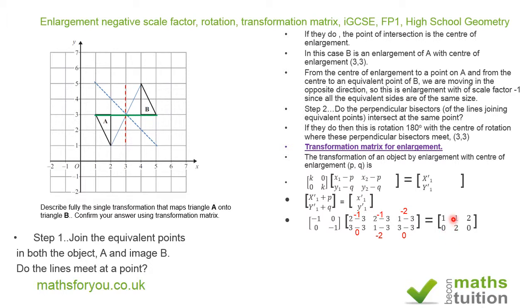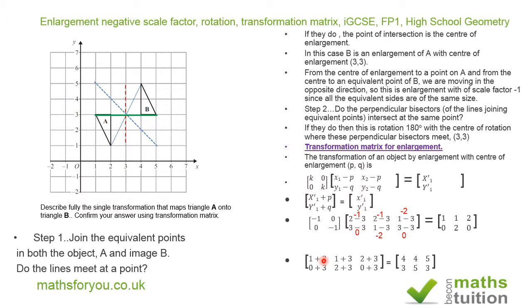And for capital X prime sub 2, we get 1 there. And for capital Y prime sub 2, we get 2 here. For capital X prime sub 3, we get 2. And for capital Y prime sub 3, we get 0. Now, for the next line, we add this bit here, as we did there.